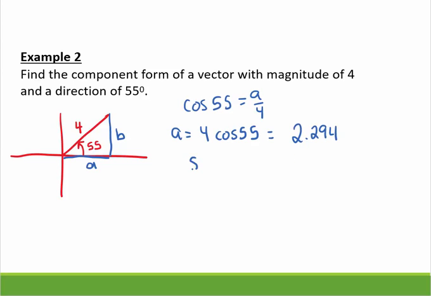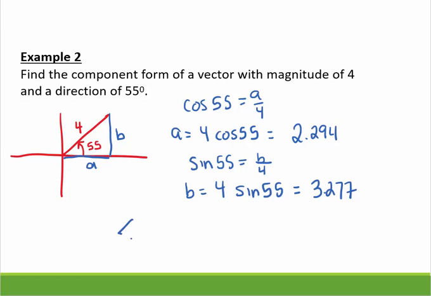For b, the sine of 55 is equal to b over 4, so b is equal to 4 sine of 55, which equals 3.277. So my component form is ⟨2.294, 3.277⟩.